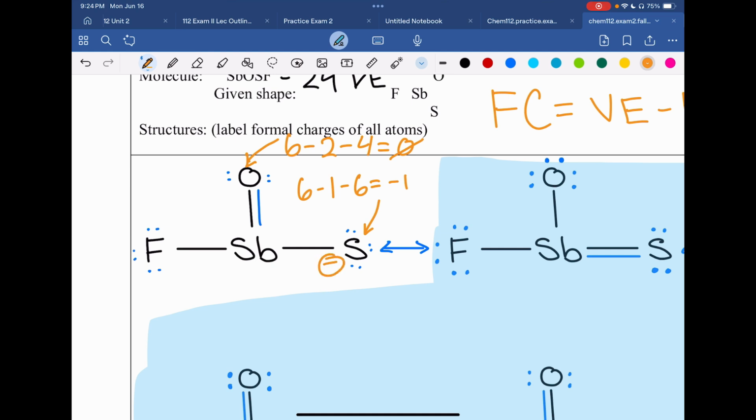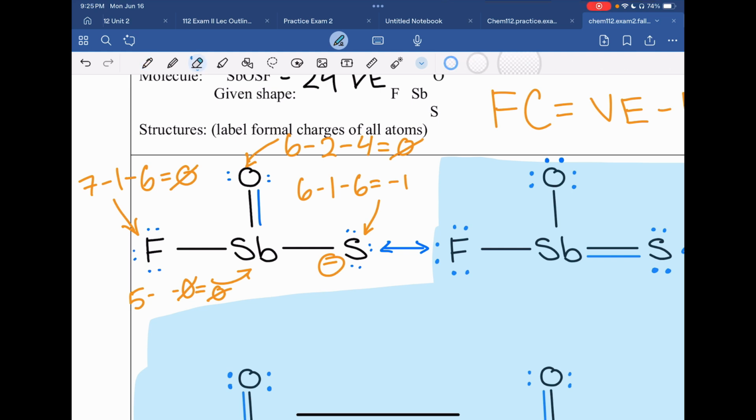So this atom is negatively charged. Fluorine, 7 minus 1 minus 6 is 0. Antimony is 5 minus 5 lines minus 0 dots. That's just 0. Okay, so this whole molecule, well actually, let me check that.